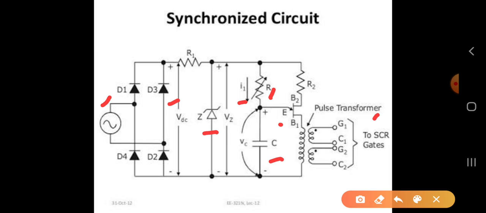When the capacitor voltage becomes equal to the peak voltage of the UJT, what happens? The peak voltage of the UJT means the UJT has to start conducting. It requires a minimum voltage to start conducting, and that voltage we call the peak voltage, VP. So when the capacitor voltage becomes equal to VP, the UJT turns on.